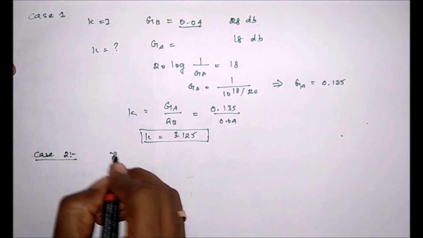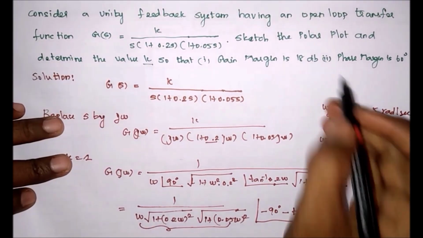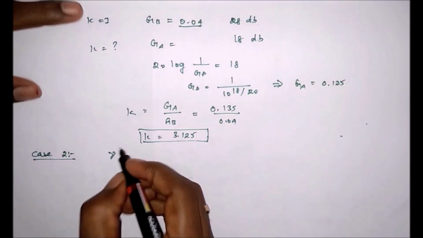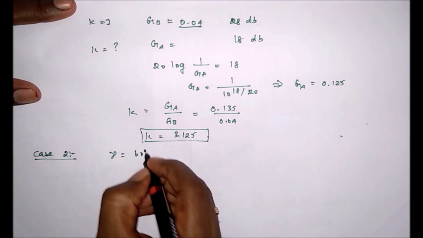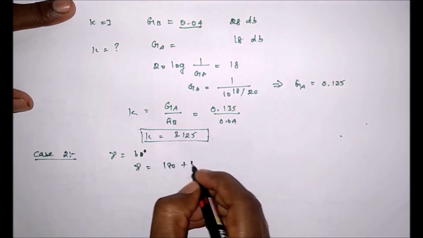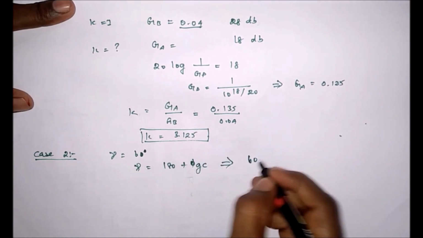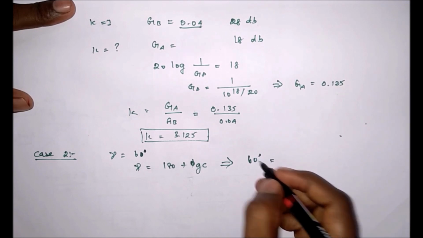Next, case 2. From the given problem, we see phase margin should be 60 degree. Therefore, gamma equal to 60 degree. We know the formula: gamma equal to 180 plus phi GC. So from this, gamma equal to 60 degree, it has been given.